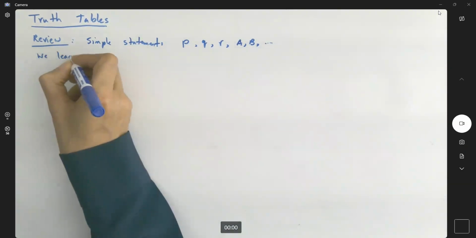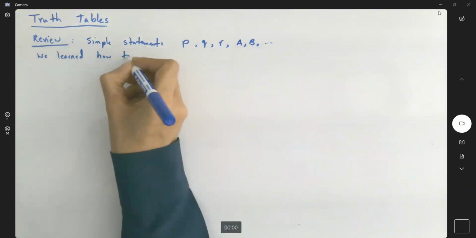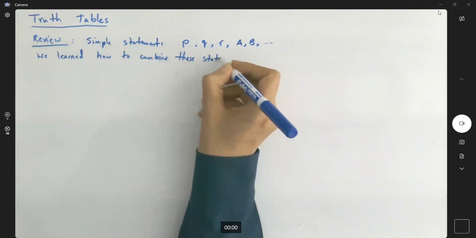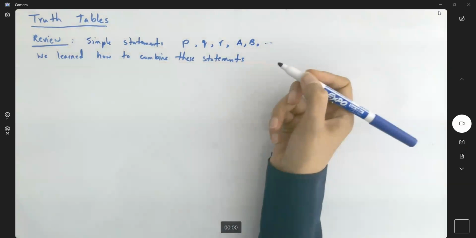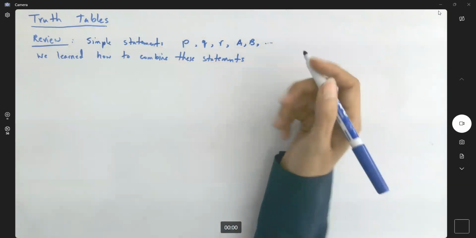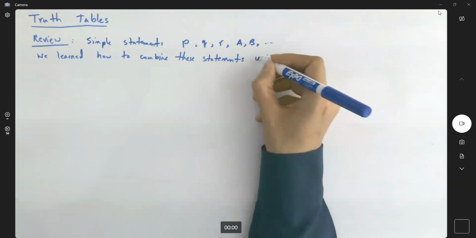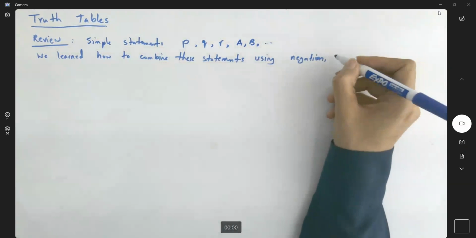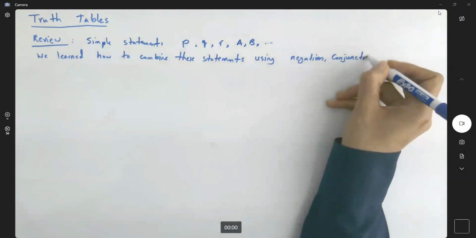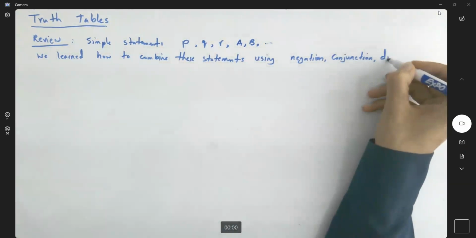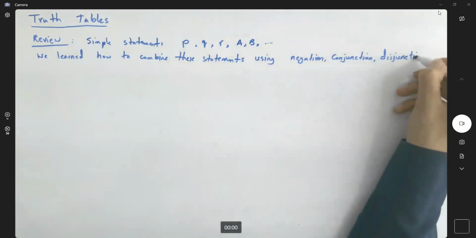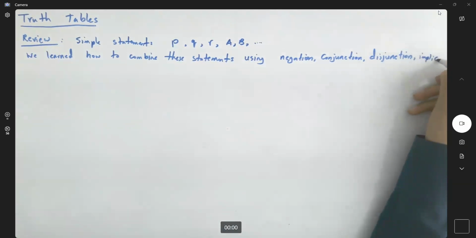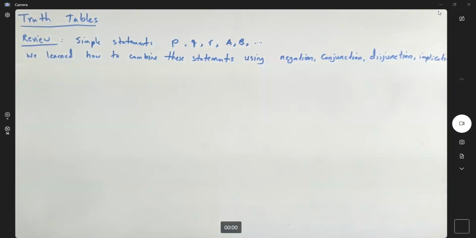We learned how to combine these statements. Using what? Using connectors, using logic operations, using negation. We learned about conjunction, disjunction, implication, and the biconditional that we discussed before.